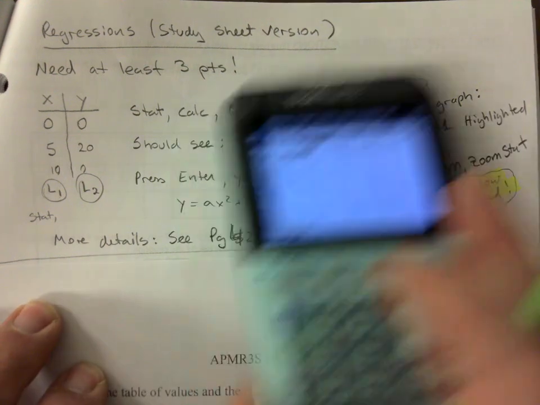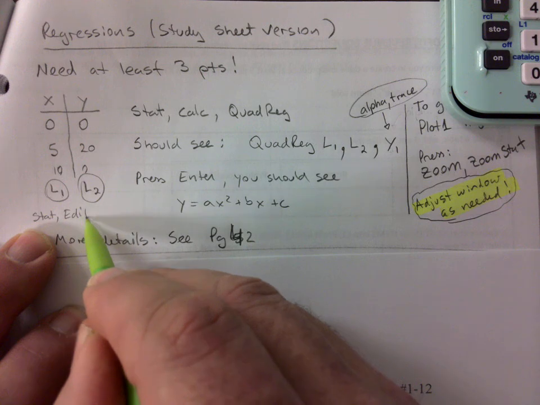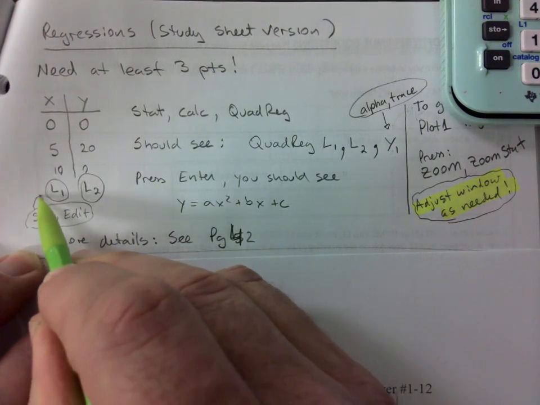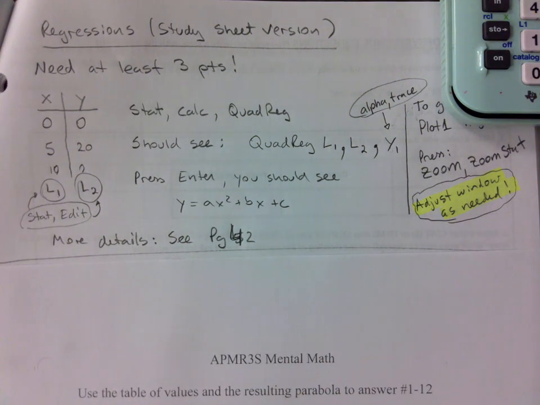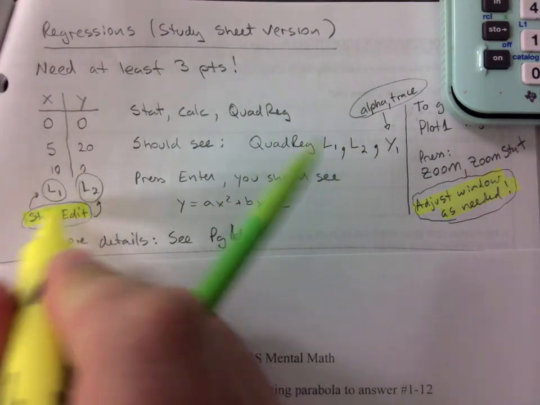That's how you get to L1 and L2. So I'll go stat, edit. Kind of circle this in to get to these two here. Maybe you need a reminder of that. So there it is, one more time.